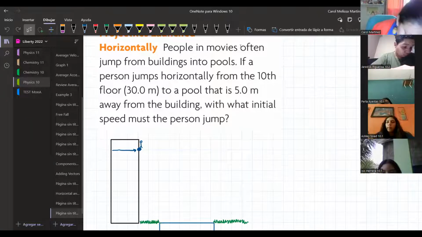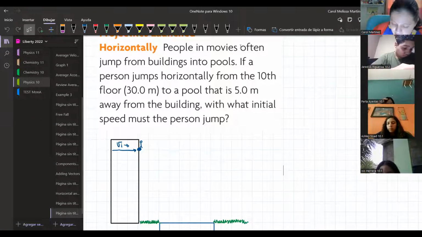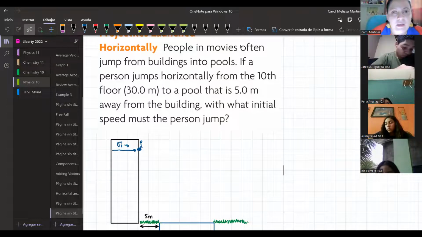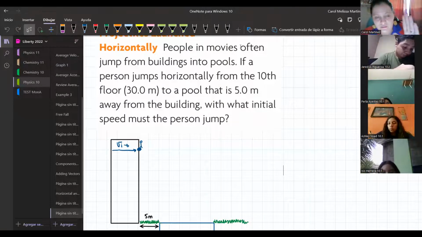So this person is gonna bring a velocity in this direction, and the distance between the building and the pool, it says that it is 5 meters. It says a pool that is 5 meters away from the building, okay?